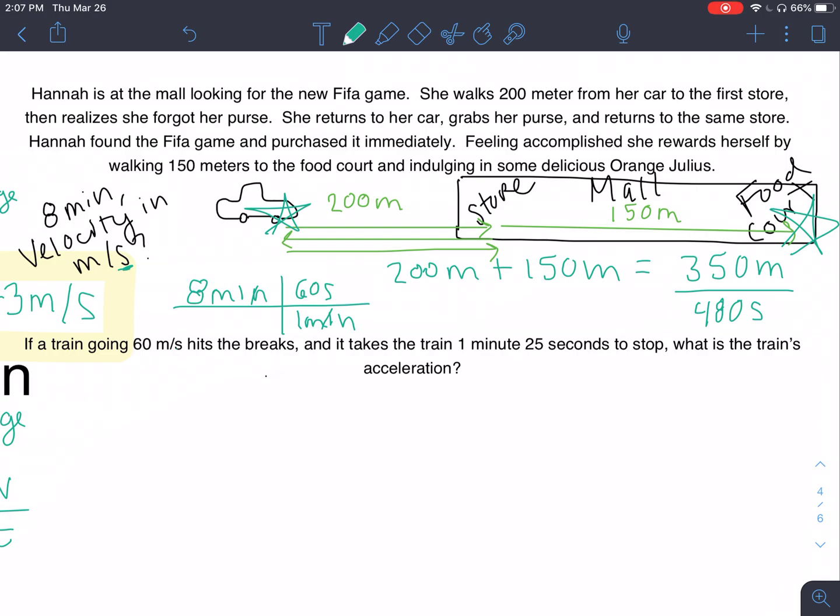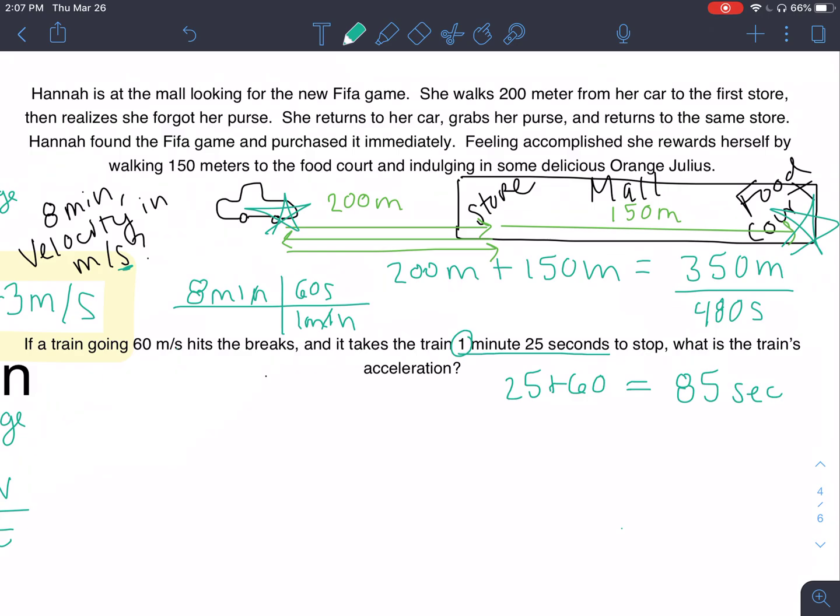So we will first take our time and make it all into seconds. So we know that 1 minute is 60 seconds, so we can shortcut this by just taking 25 plus 60, 85 seconds.